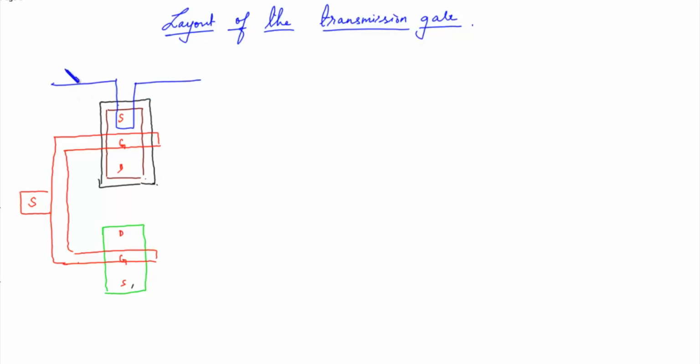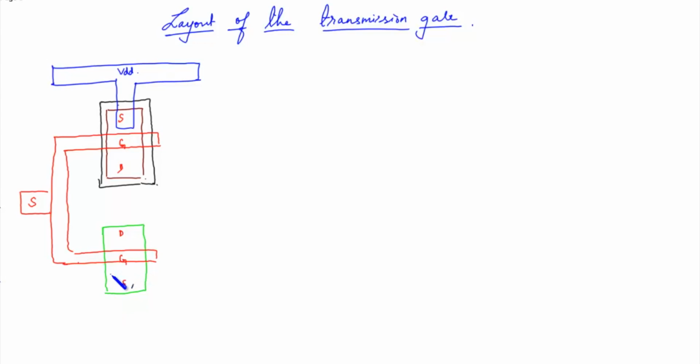This is VDD, and this source was connected to ground. The source of the PMOS is connected to VDD and the source of the NMOS is connected to ground. And just make it thicker, this portion.